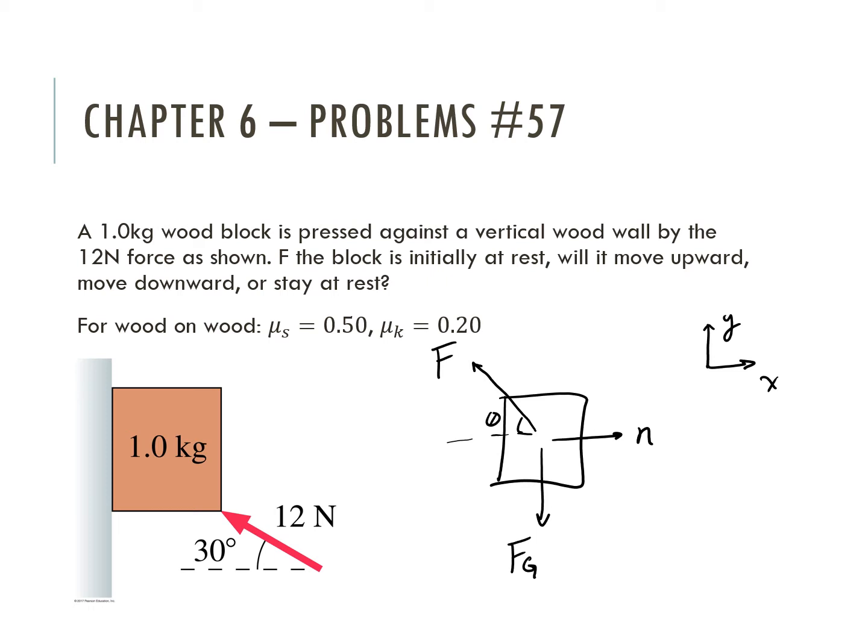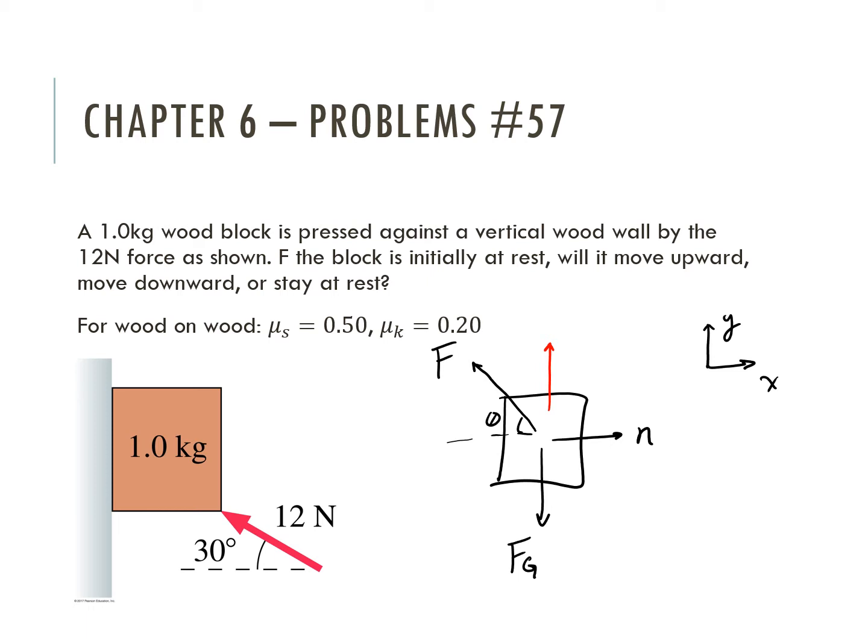Because here I have an issue. My box wants to move down. So if I have static friction, it would point upwards, right? Because it wants to oppose motion. If I have kinetic friction, again, it wants to oppose motion, but I don't know, is my object moving up or down?